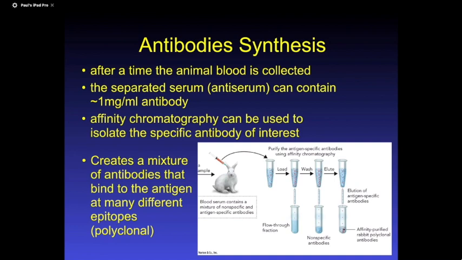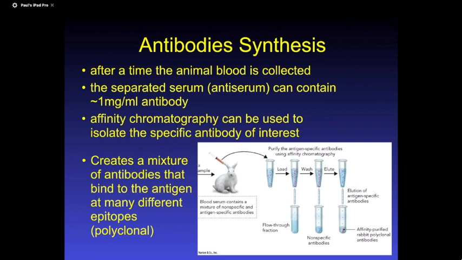As long as the animal is producing it, we continue to take a little bit of blood and isolate that antibody, and that animal will consistently make that antibody for its lifetime. It will be immunized against whatever it is and create those antibodies. We can isolate those antibodies and then use them.